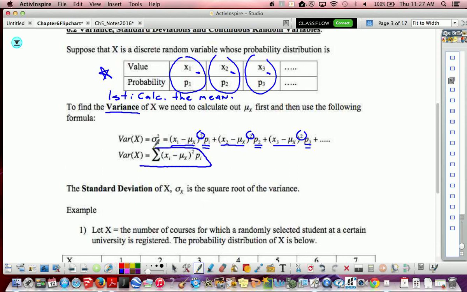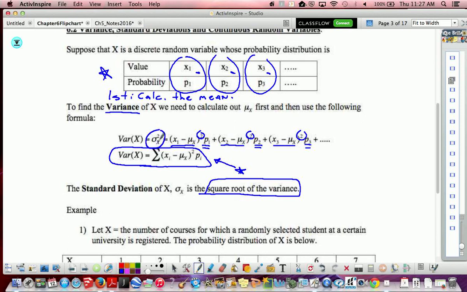Okay? Now this is not the standard deviation. To get the standard deviation, all you have to do is take the square root of the variance. So once you calculate out that answer, take the square root of it and it will give you the standard deviation. Now notice the symbol notation.